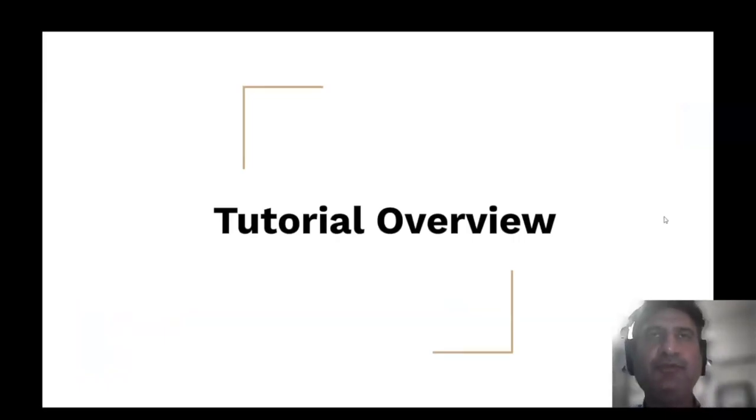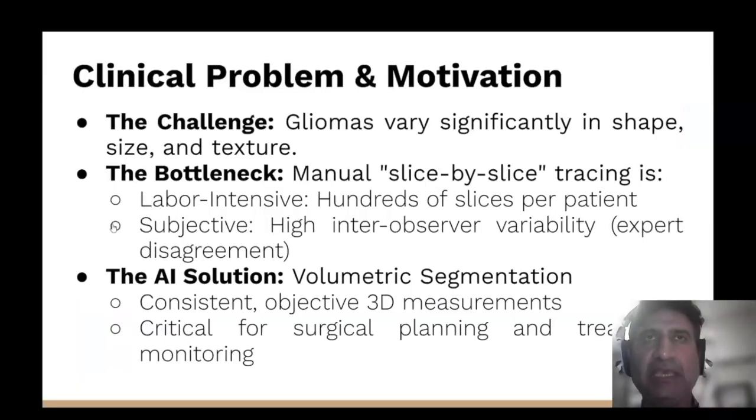So before we dive into the code, let's take a moment to look at the big picture. In clinical practice, analyzing brain tumors is incredibly challenging. They don't have a standard shape, they are fuzzy and irregular. Traditionally, radiologists have to manually trace these boundaries slice by slice.